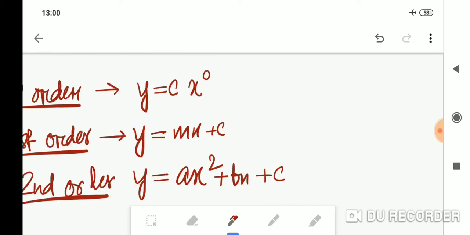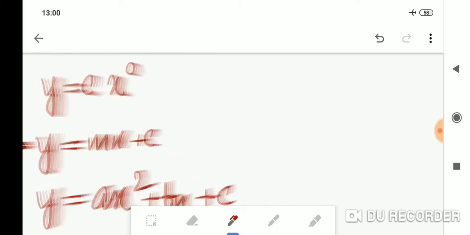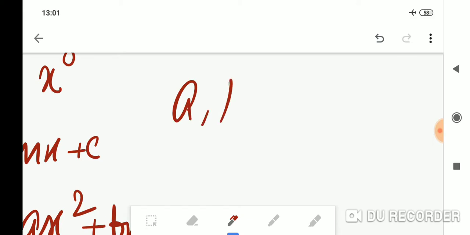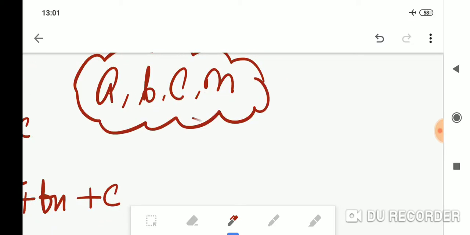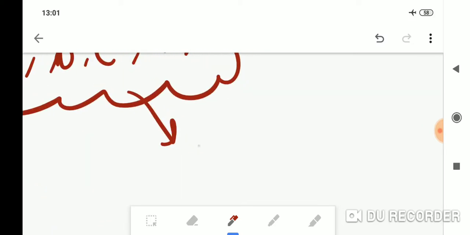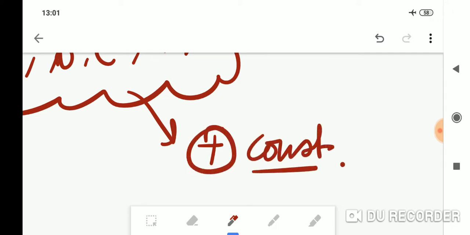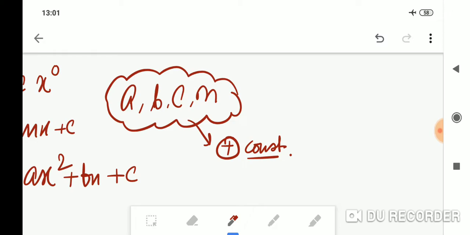See, these a, b, c, m are constants. I assumed these are positive constants, but they can be negative as well.